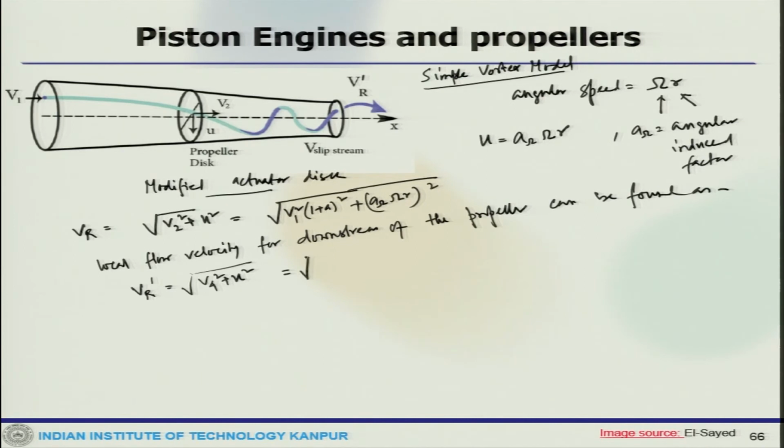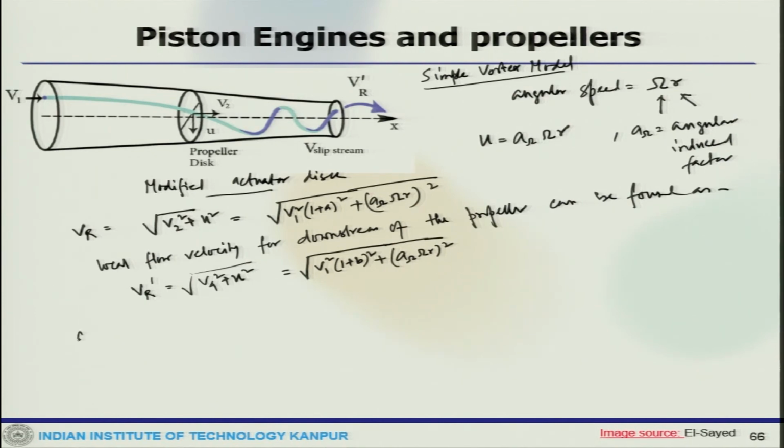So, we can write that down as V1 square (1 plus b) square plus a omega omega r square. Now, that is what you get. So, this is where the Vr and u and V2 come in.